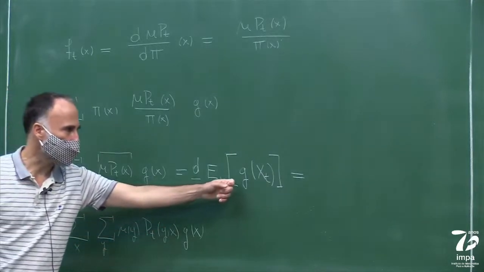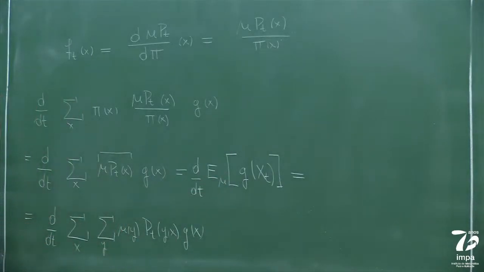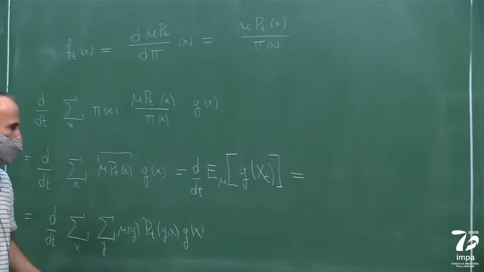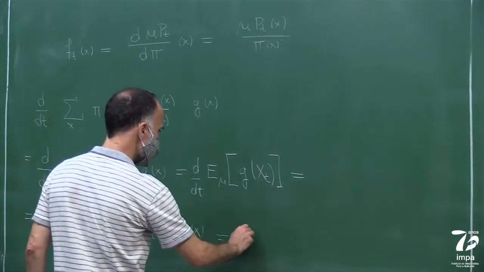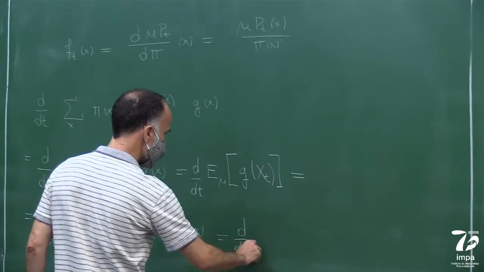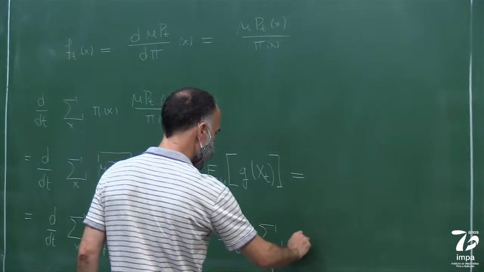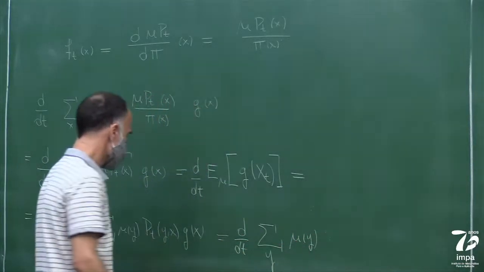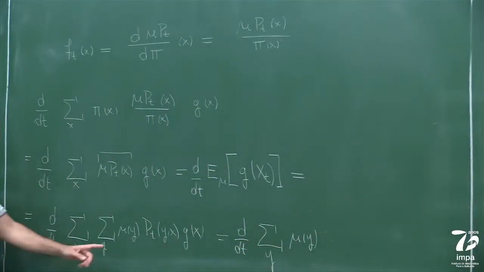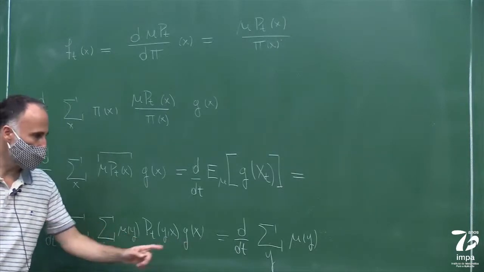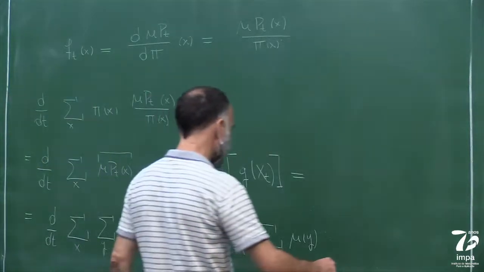This is what I was trying to show you here, but maybe it's easier to show directly by performing the summations. So let me change the order of summation and sum first over x to get that this is d/dt of the sum over y of mu y. And when you sum over x, what you get is PT g computed at y.